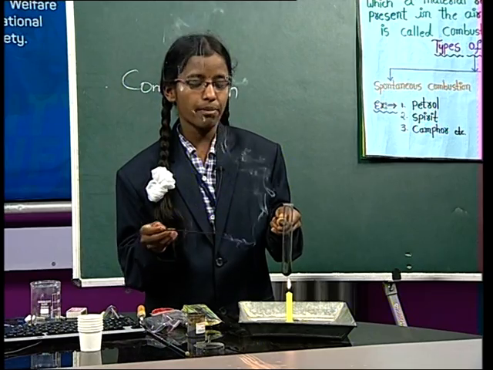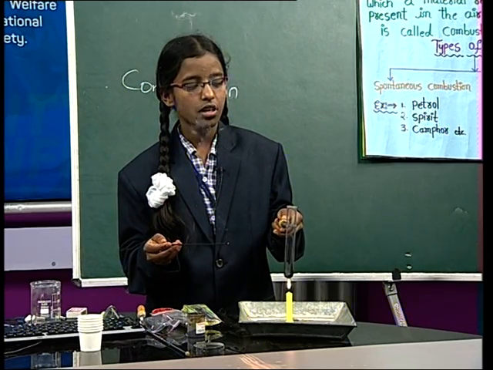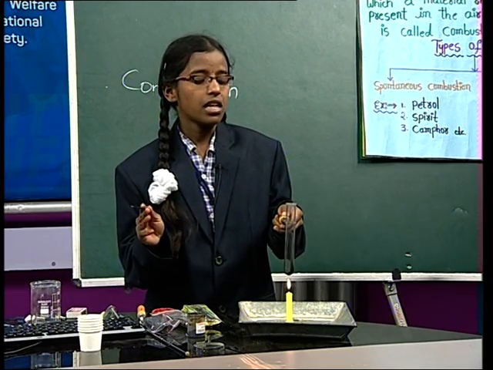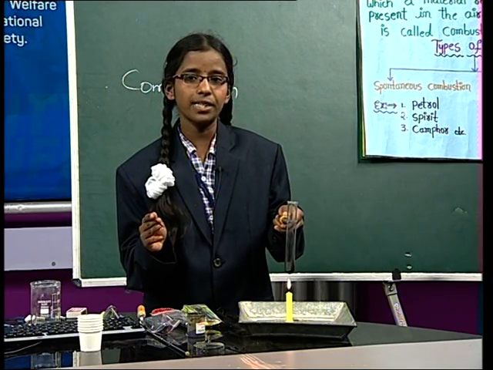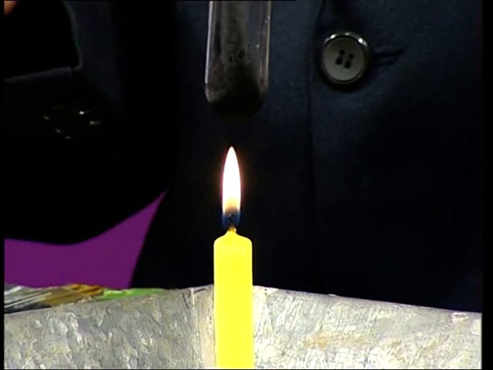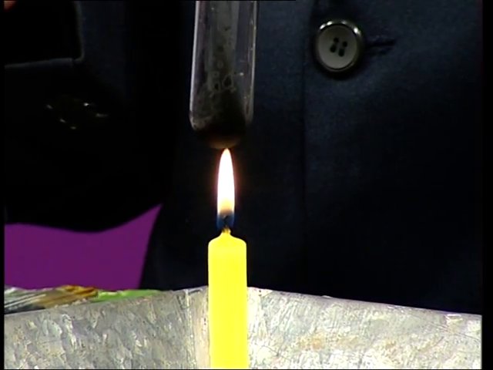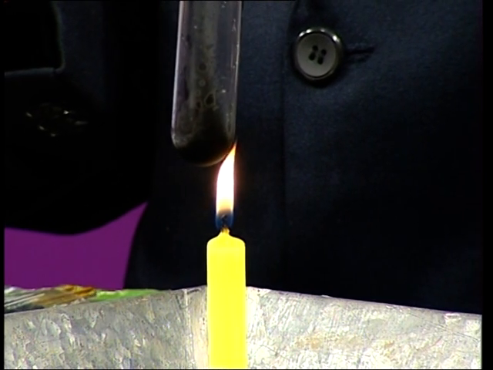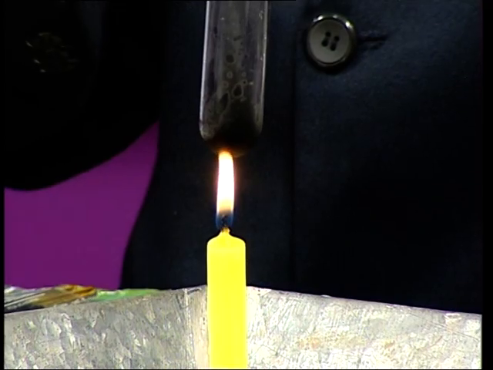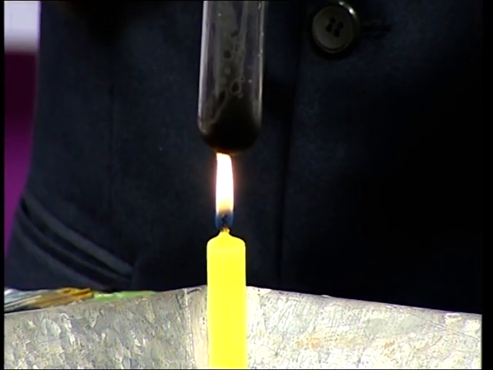After some time, a type of gas will come out from the test tube. Yes, the potassium permanganate is burning now friends. See here friends, a type of gas is coming out.